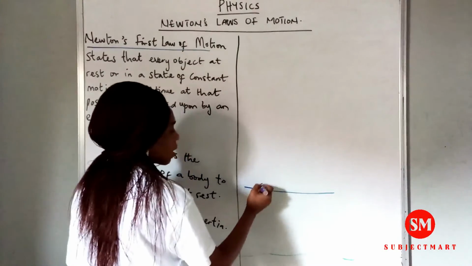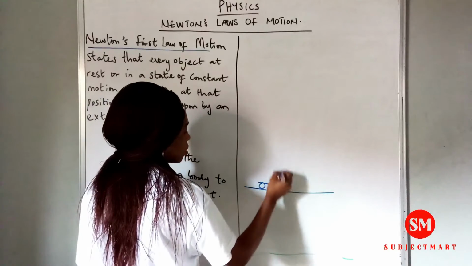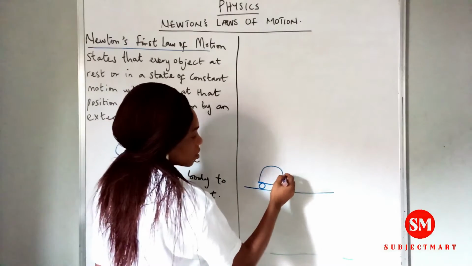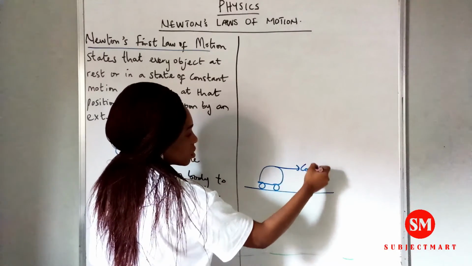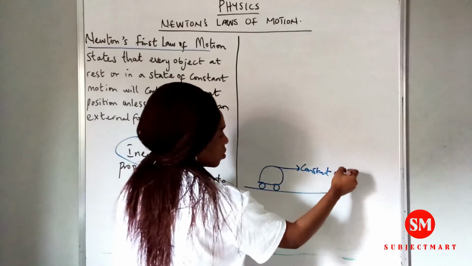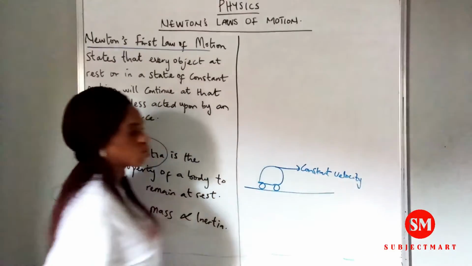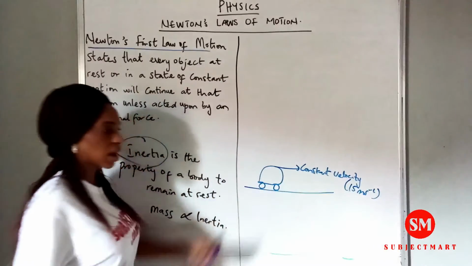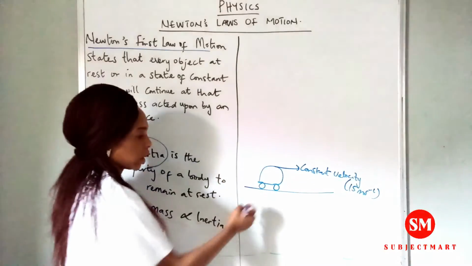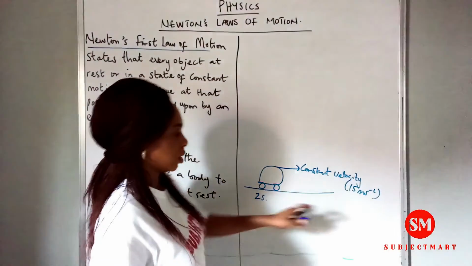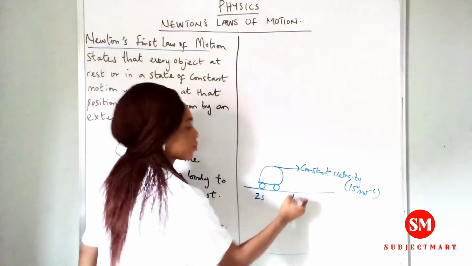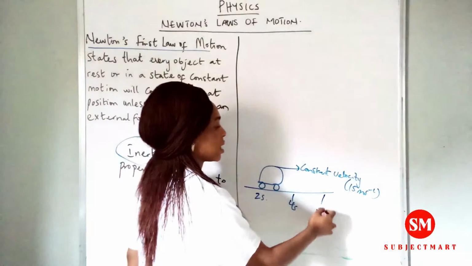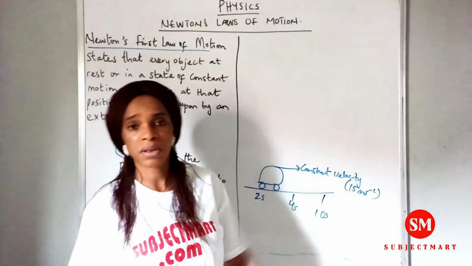Probably you have a car traveling at a constant speed, let's say 15 meters per second. At 2 seconds, the speed was 15 meters per second. At 4 seconds, the speed was still 15 meters per second. At 10 seconds, the speed still remains 15 meters per second.